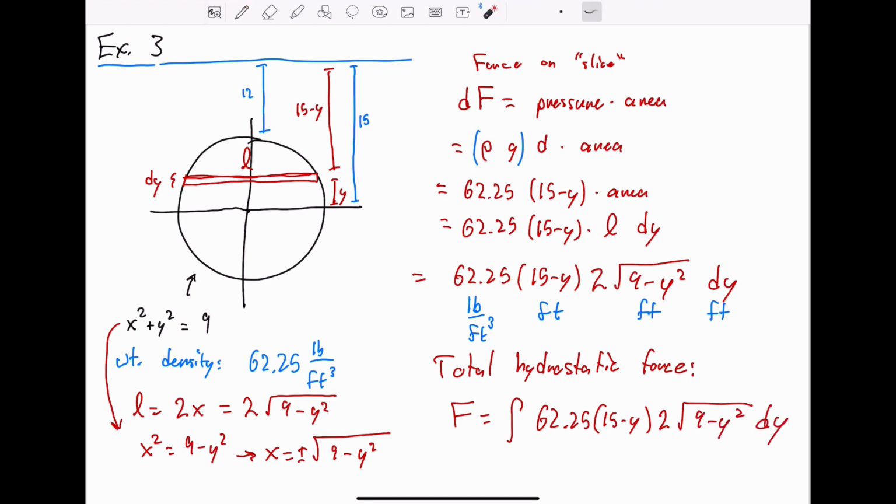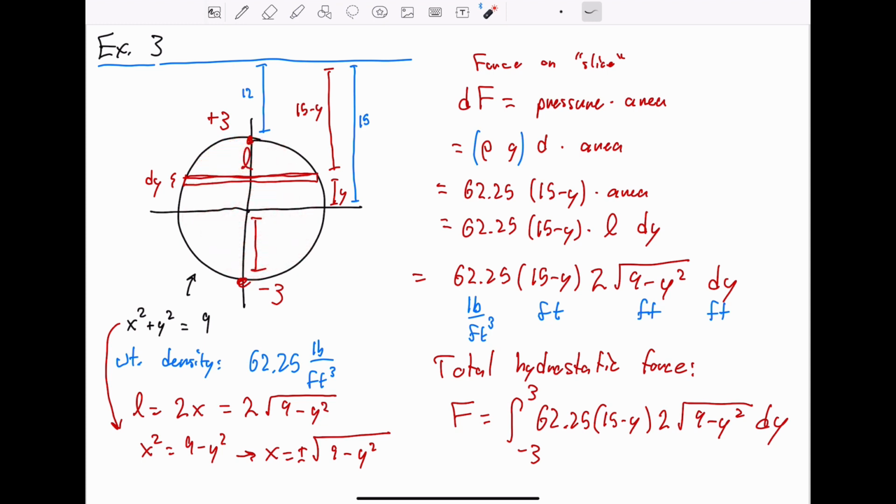We are integrating with respect to y, and in order to get all of the slices of this window, we need to integrate from a y value of negative 3 to a y value of positive 3. This circle has a radius of 3, so we go all the way from y equals negative 3 to a height of y equals positive 3. Those are the limits of integration. This integral describes the total amount of force applied by the water on the entire window.